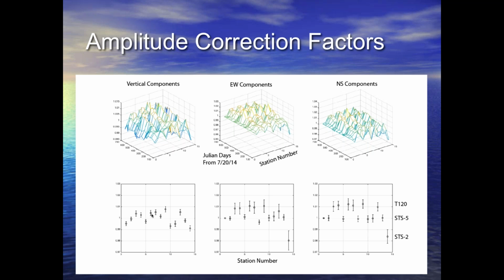I read a paper from the group in the USGS who were looking at instrument corrections, and basically they found that sometimes there was some temperature dependence. Now, these are buried instruments, but there could be some other independent variables that are changing the response as a function of time.